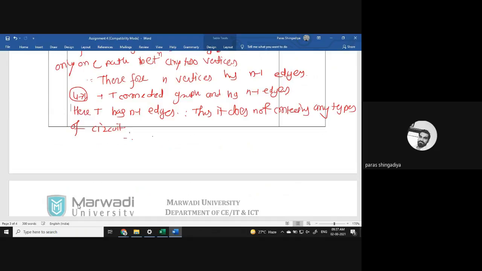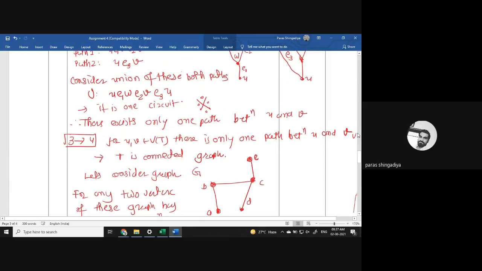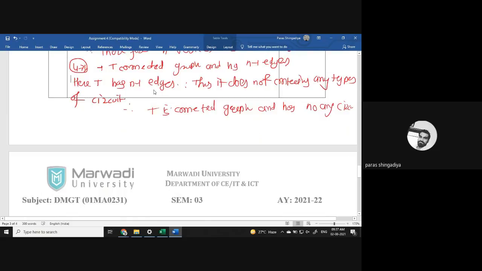And therefore T is a connected graph and has no circuit, and therefore T is a tree. Okay, that's the proof. Is it clear?